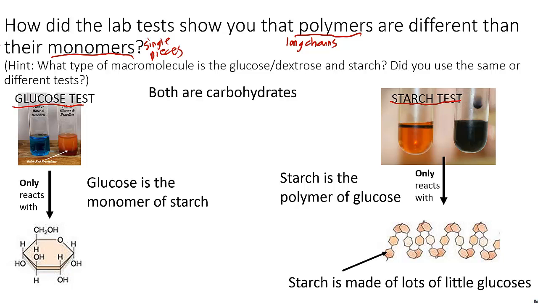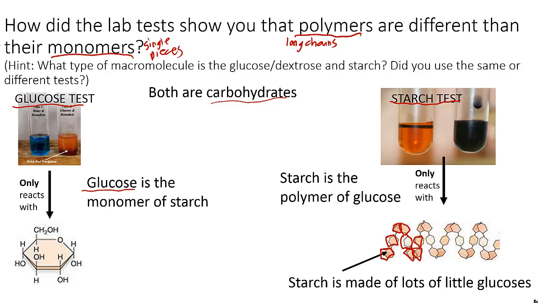We had carbohydrates, right? Glucose and starch are both carbohydrates. Glucose is the monomer of starch. I take a piece of glucose and I stick those together in a long chain. I make a long chain of glucoses, and I will make a starch molecule. It's made of the same thing. A starch is just a lot of glucoses.